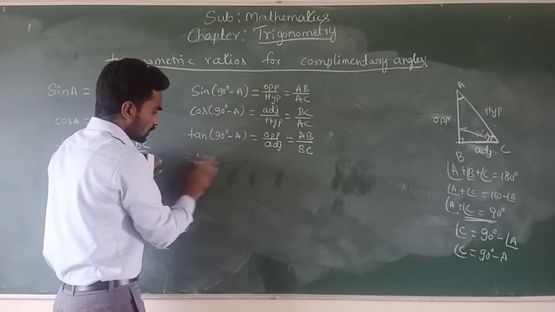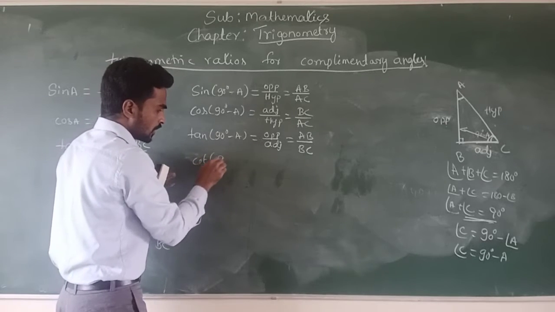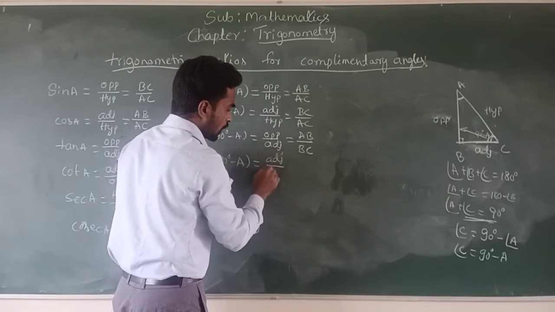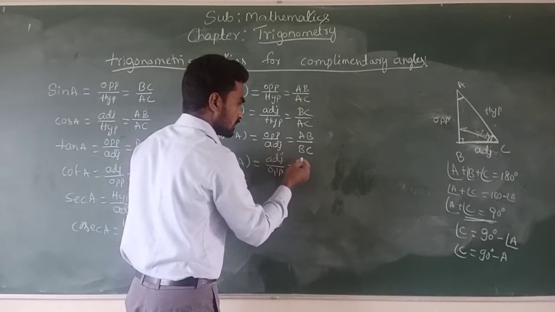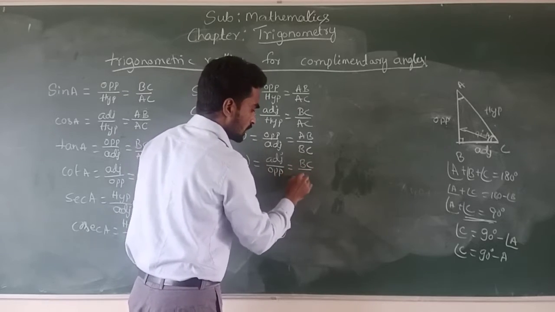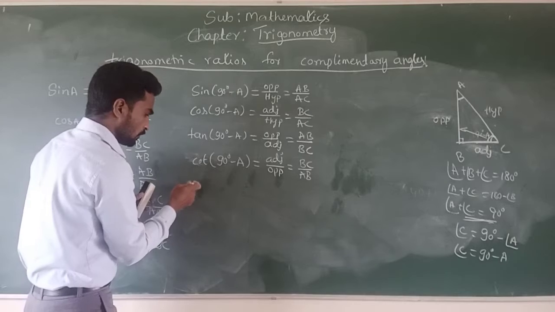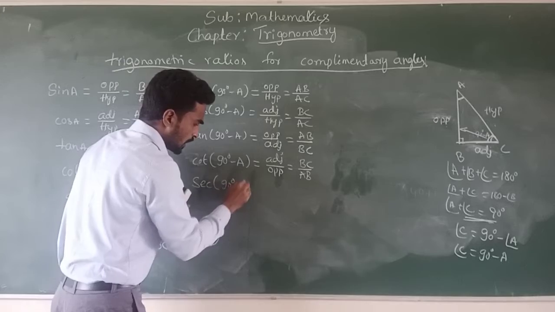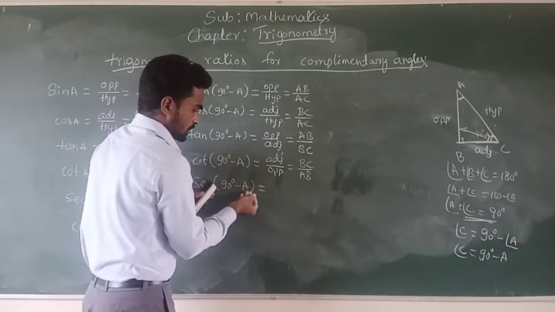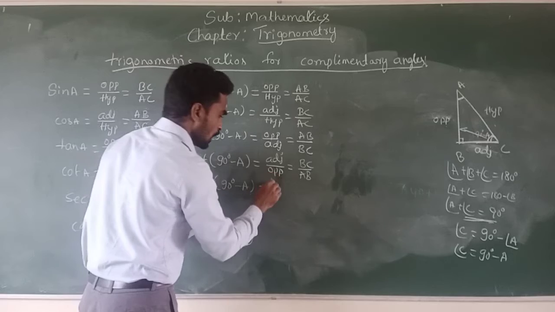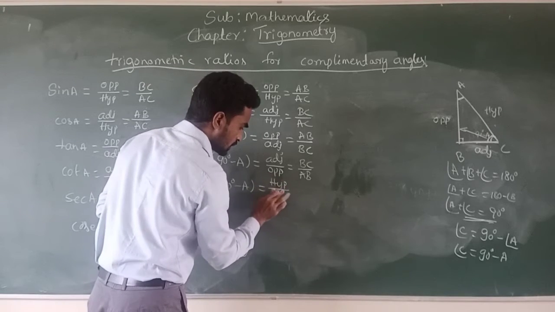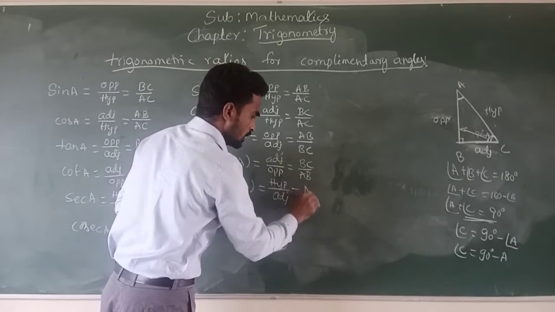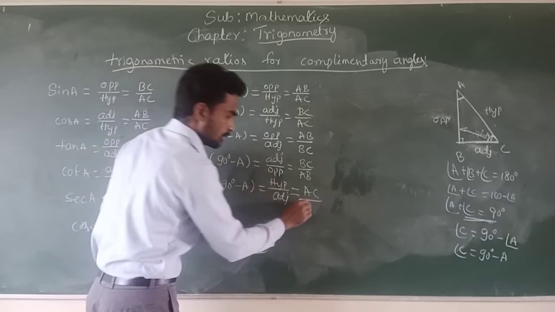Next, cot of 90 degrees minus A is equal to adjacent divided by opposite, that is BC by AB. Then sec of 90 degrees minus A is equal to hypotenuse divided by adjacent, that is AC by BC.